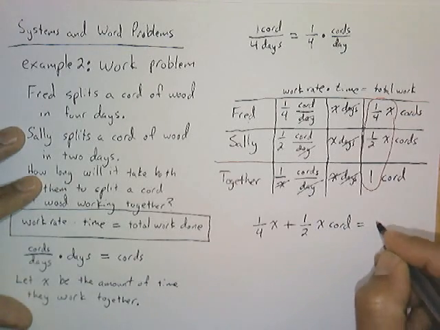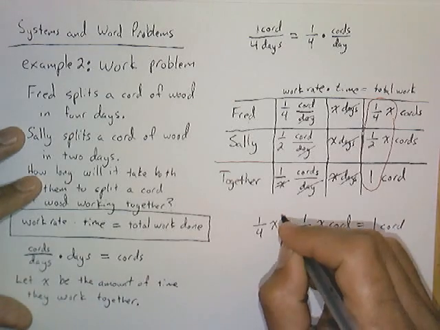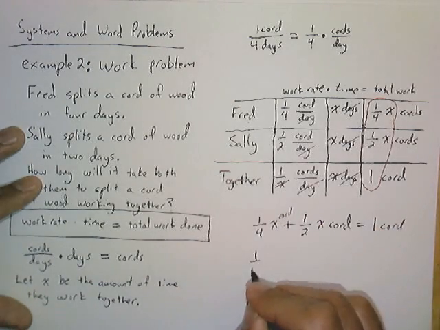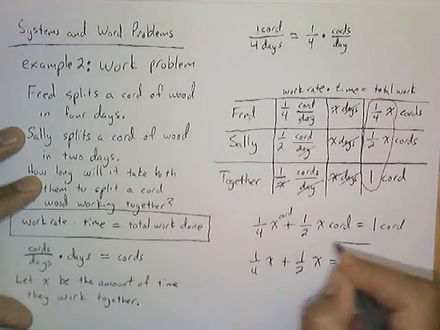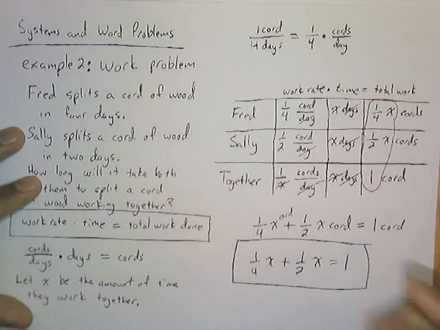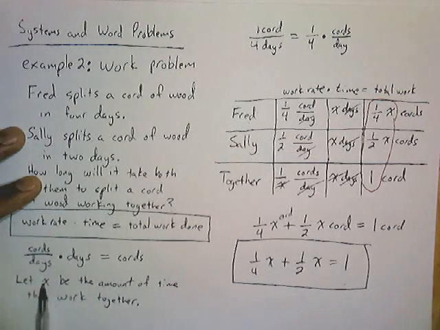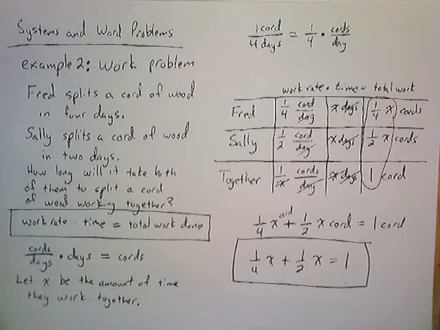That's going to equal 1 cord. Or just 1/4 X plus 1/2 X is equal to 1. There's an equation, pretty simple. We can solve it for X, and that is exactly the amount of time they're going to be working together. And I'll just leave that as an exercise.